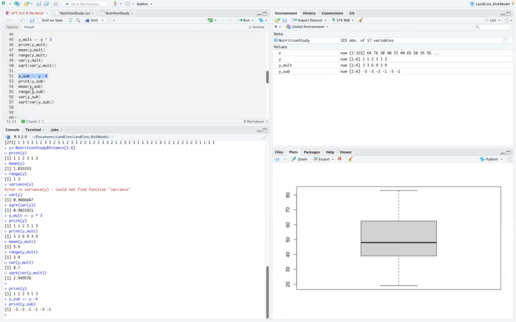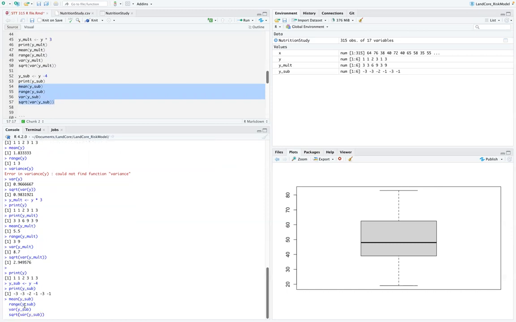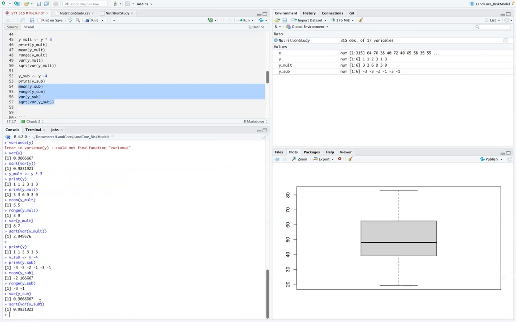So now we want to find the same thing: mean, range, variance, and standard deviation. So our mean, and I'm going to update this as I'm talking to save time, is -2.16667. That's here. Then we have our range. Our lowest number is -3.